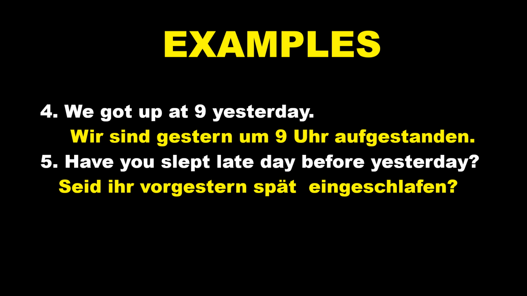Ihr, second person plural. Seid ihr vorgestern, that is the day before yesterday. Spät eingeschlafen, spät, late, eingeschlafen, went to sleep. So the translation will be, once again along with me, Seid ihr vorgestern spät eingeschlafen?